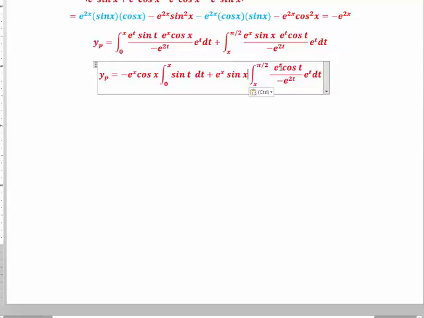Then we have an e to the t, an e to the t, that's e to the 2t in the numerator, e to the 2t in the denominator, with a negative. So let's change this into a negative. That gets rid of this negative. And then canceling out those e to the t's will leave us with just a cosine of t.